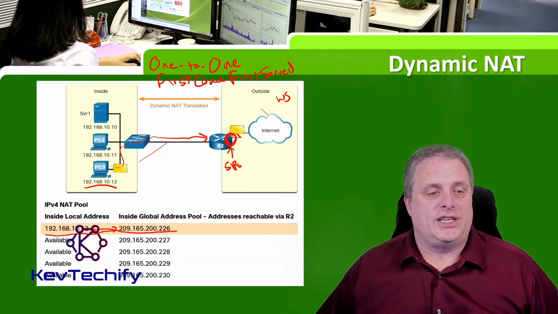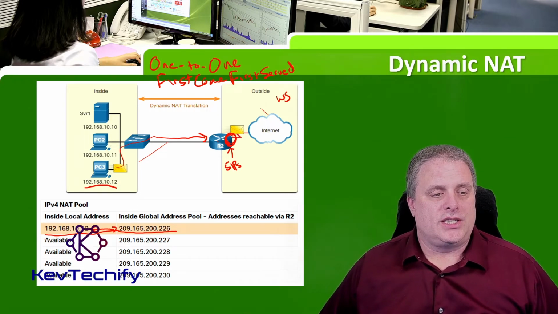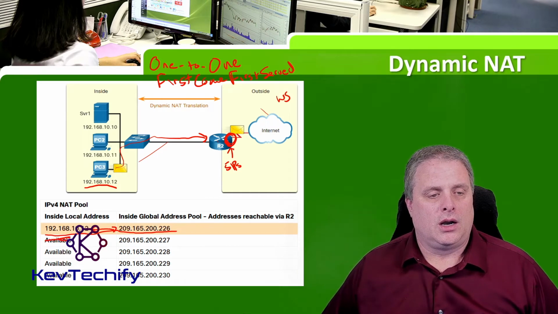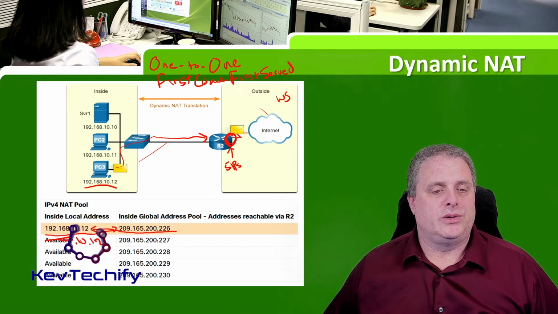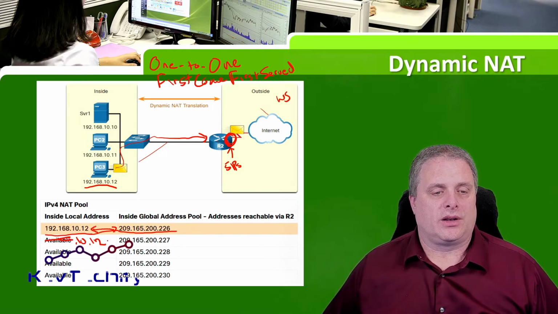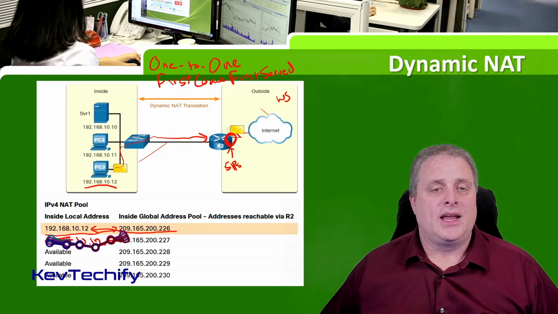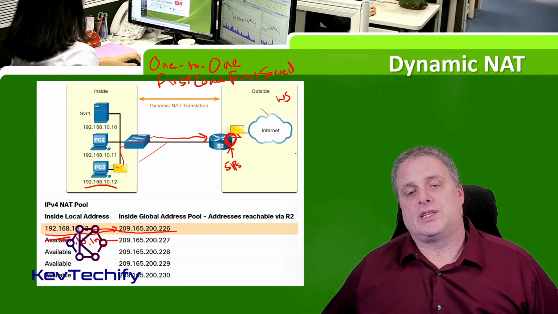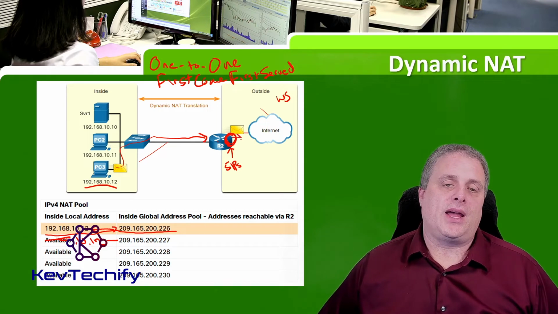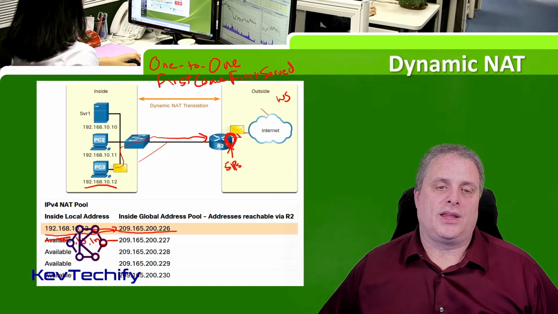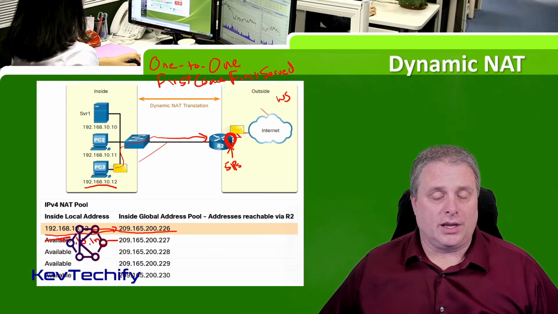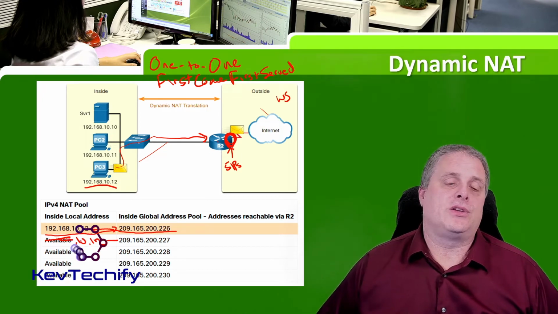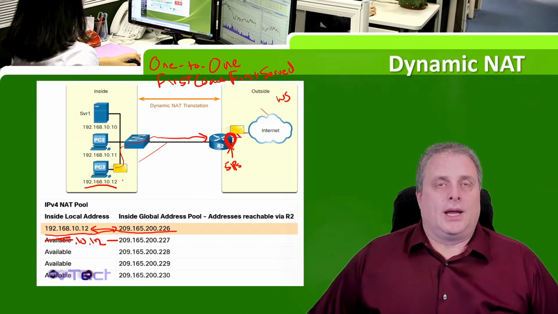Now, when PC2 wants to do that, PC2 here is going to make a request, and then we're going to set up a static mapping from 10.12 to 200.227. That way, when the request goes out across the internet, that response can come back to that IP address we have set up on the outside of our router. It can get routed there, and then we translate it back into an IP address there.